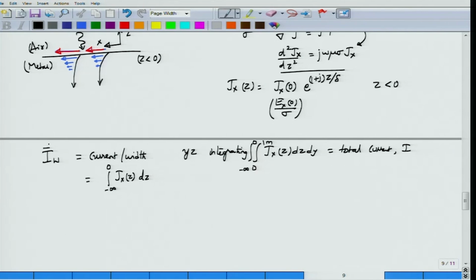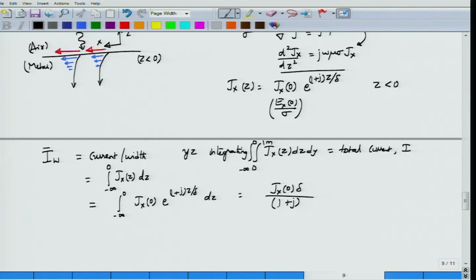This will be a vector directed along the y axis. This is the current per unit width, given by the integral from minus infinity to 0 of Jx of 0 e to the power (1 plus j) z by delta dz, and when you integrate this one, you see Jx of 0 into delta divided by 1 plus j.